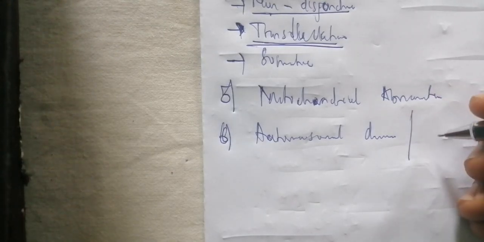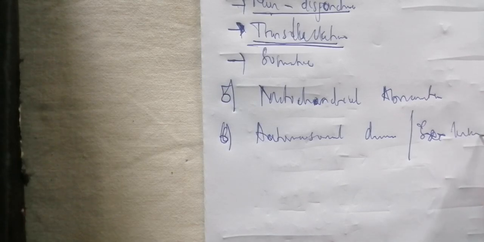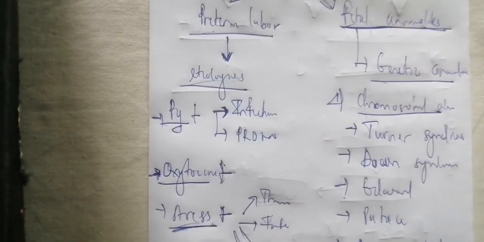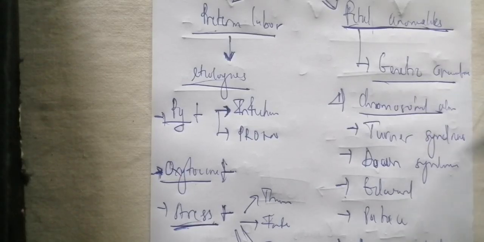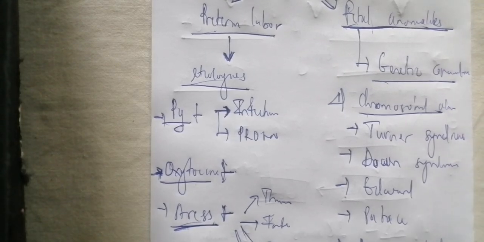Lastly, we also have sex-linked dominant and sex-linked recessive conditions. So those are the different abnormalities associated with genes, and these abnormalities, particularly chromosomal abnormalities like Edwards syndrome, Patau syndrome, and Turner syndrome, may be associated with prematurity. So those are the pathogeneses of prematurity.